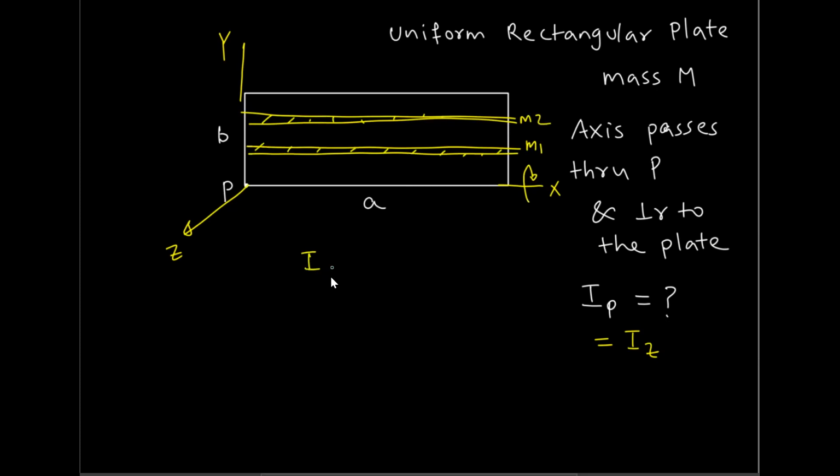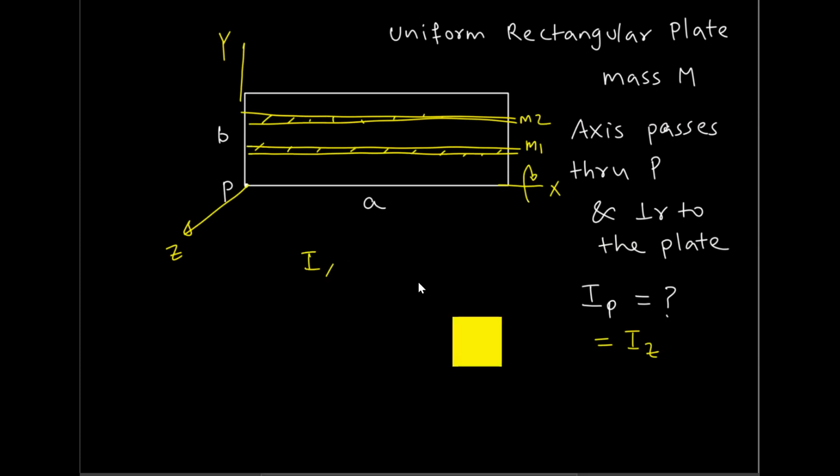I am making a mistake here. If I want to calculate the moment of inertia about the X-axis, should I divide this into horizontal strips or vertical strips? We have to divide into vertical strips.